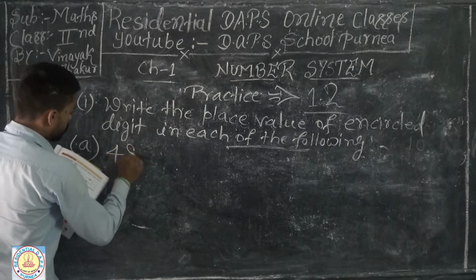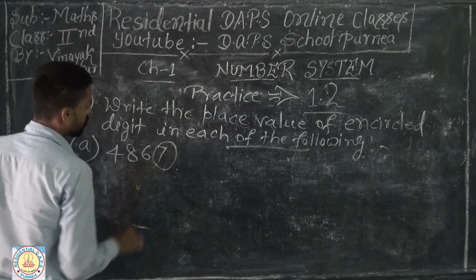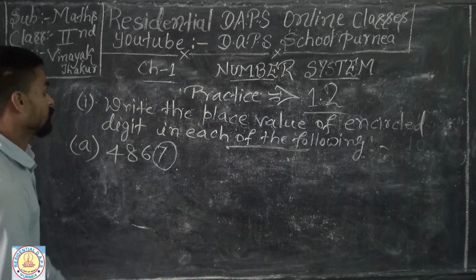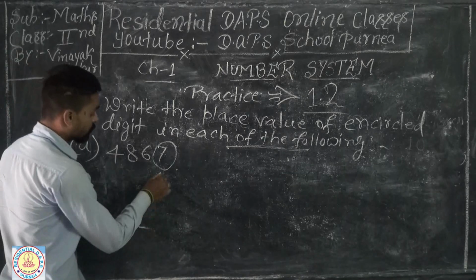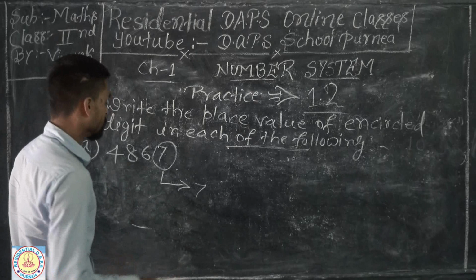So your number is 4867 and in your number 7 is encircled. So you have to find out the place value of 7 here only.